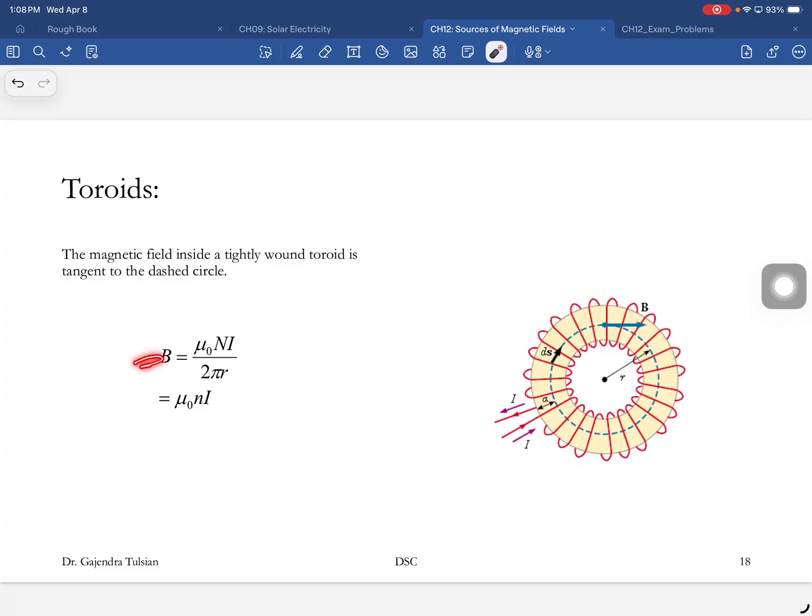What else can you do to make a strong field? Increase the current. What do you need to do to increase the current? The more current you have, in ordinary wires, it turns into heat, and all that energy gets wasted. You need superconducting wires.